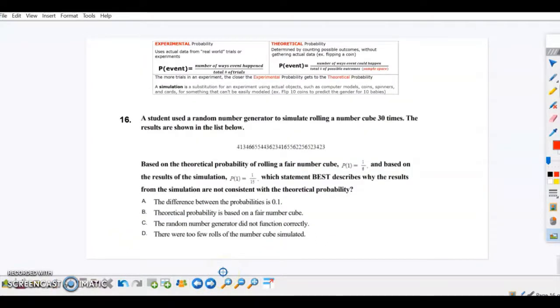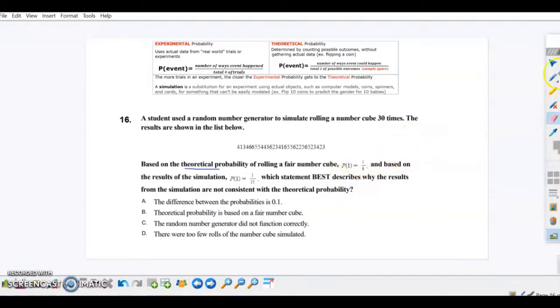All right, number 16, a student used a random number generator to simulate rolling a cube 30 times. So this is basically like a computer model. And these are the numbers that they got when they rolled the cube 30 times. The theoretical probability of rolling a fair cube, the probability of rolling a 1 is 1/6.